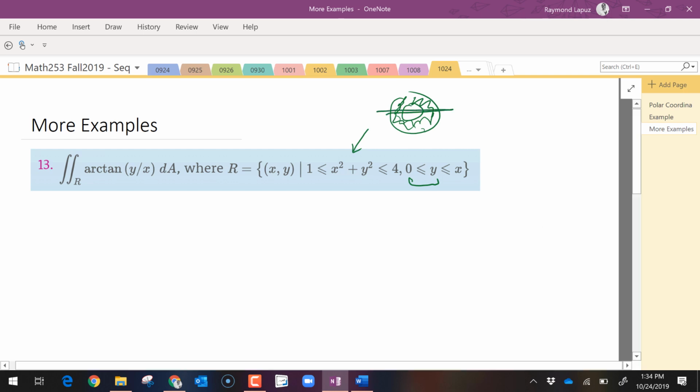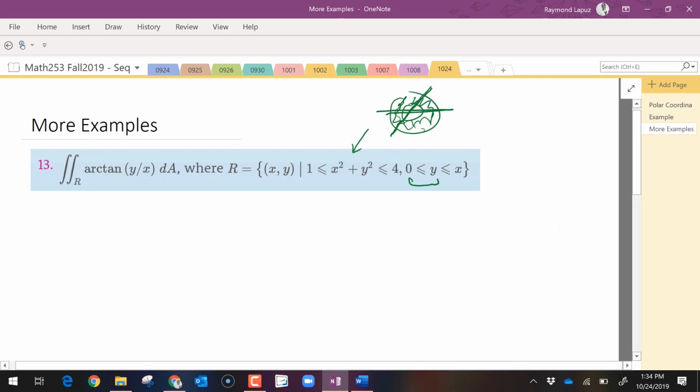Y equals x. Do you see it? We could probably assume that this is happening in the first quadrant.